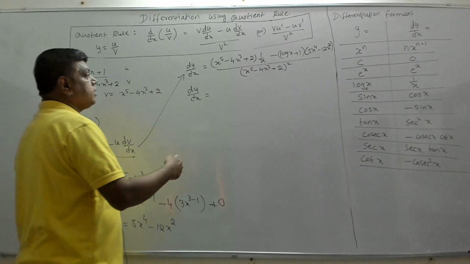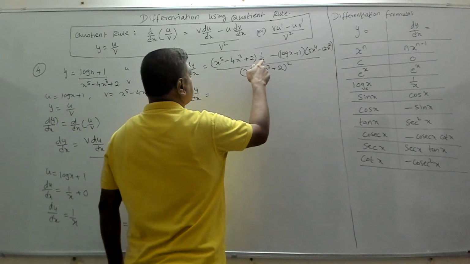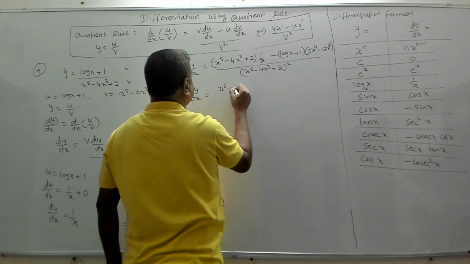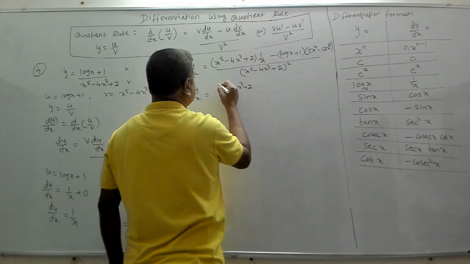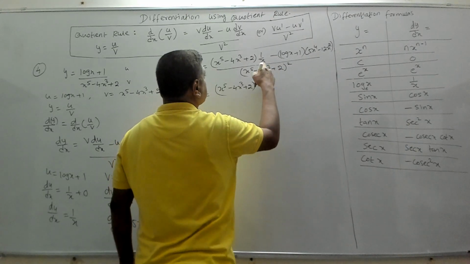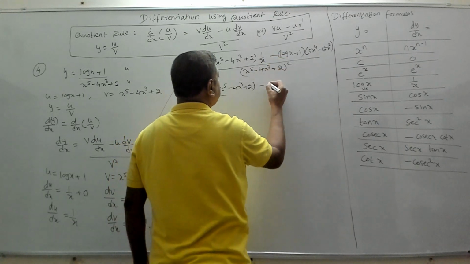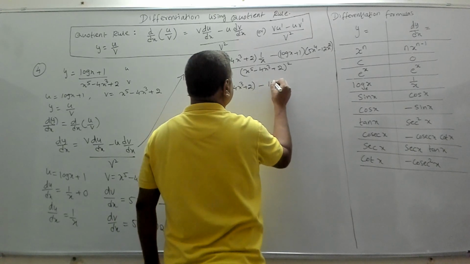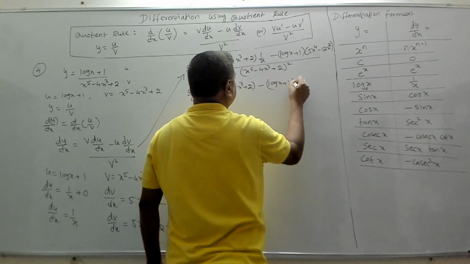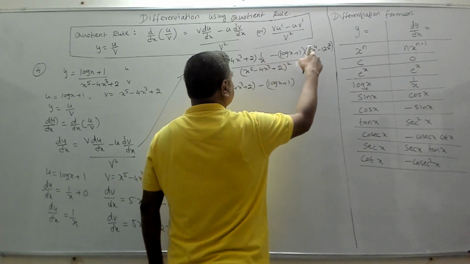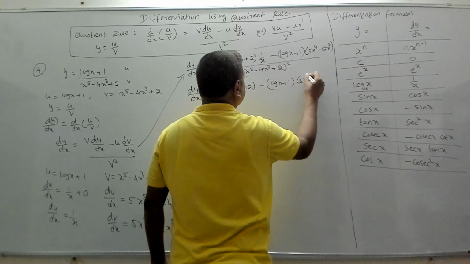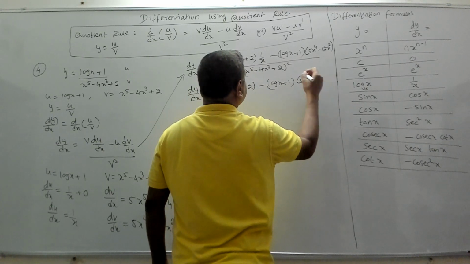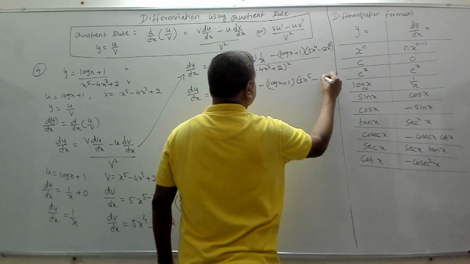Right, now if you simplify this, this is by x, so this x will go here, so you will get x power 5 minus 4x cube plus 2, then minus, this x will go here, so it will become x into this, so you'll get log x plus 1 into, if I multiply x with this, you'll get 5x power 5 minus 12x cube.